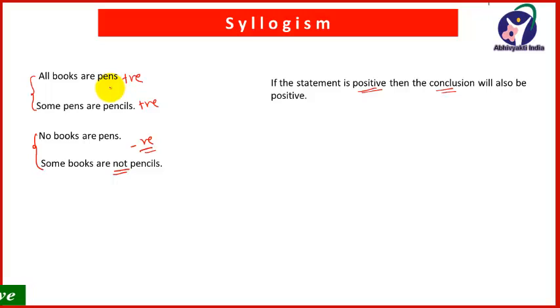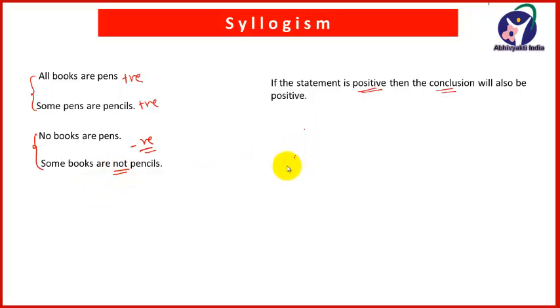All books are pens, and if I draw a conclusion that some pens are books, then that conclusion may be possible because the statement is positive, and so the conclusion will be positive. But if I say some pens are not books, then this will be a negative conclusion, and when the statement is positive, the conclusion cannot be negative.